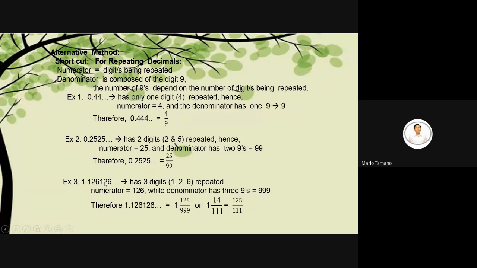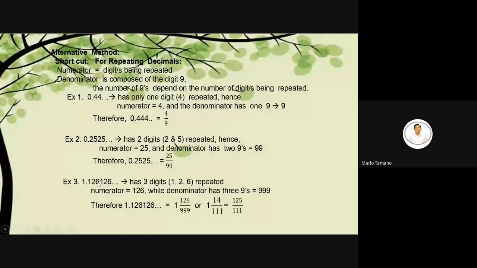Number 3, 1.126126 has 3 digits, 1, 2, 6, that are repeated. Ulitin ko. Ang nauulit po dyan ay yung 1, 2, 6. Numerator 126, tatlo.